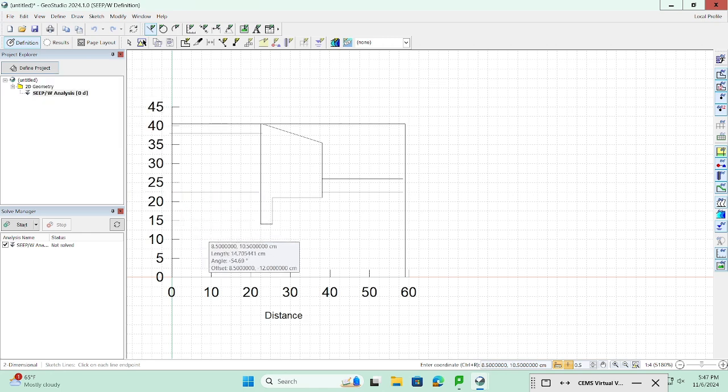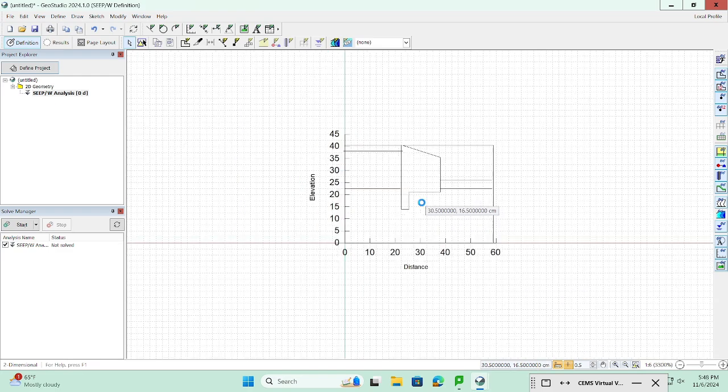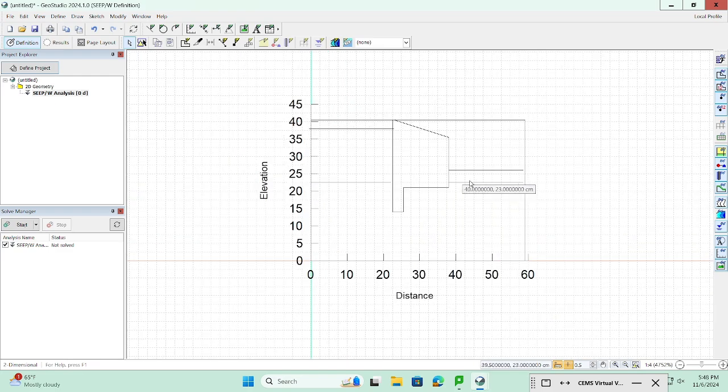Yeah. It now looks good. So now, as we can see, this is how the problem looks like. So this is the soil level at downstream, this is the soil level at the upstream, this is the upstream water level, this is the downstream water level, this is the barrier with all its dimensions.